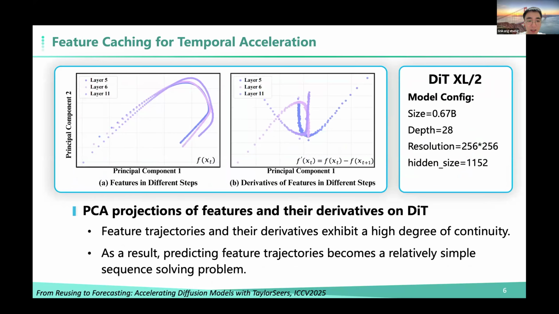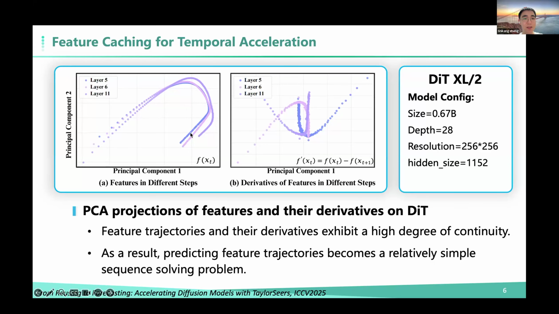There is a classical observation in TaylorSeer: they do PCA projections in DiT-XL/2, and they find that the features in different time steps, and the derivatives of these features, show pretty good continuity and are easy to differentiate. As you can see in these two figures, the left figure shows the features in different steps.